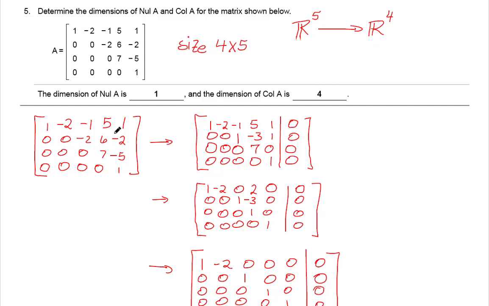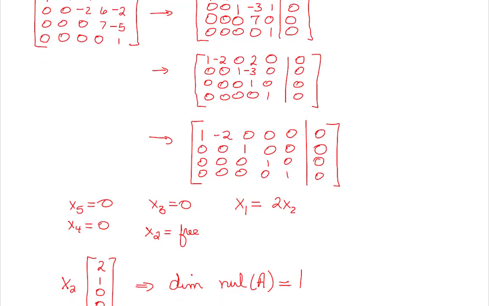So let's see, what if we take the matrix A that we're given? I'm going to clean it up just a little bit because I'm interested in what does the null space look like. And so I keep on simplifying that, using row operations to get 1s and 0s. And so what I see is x5 is 0, x4 is 0, x3 is 0, x2 is free, and x1 is 2 times x2.